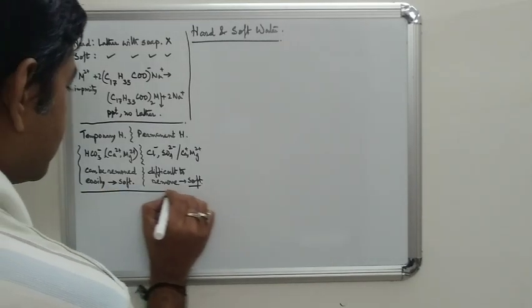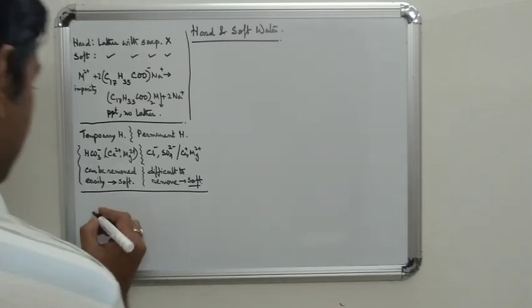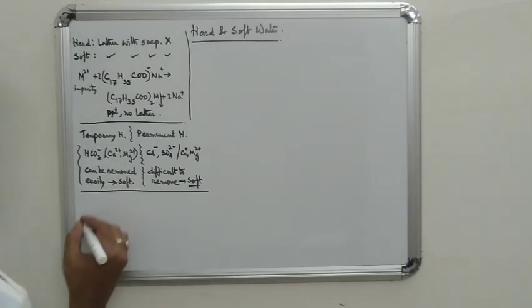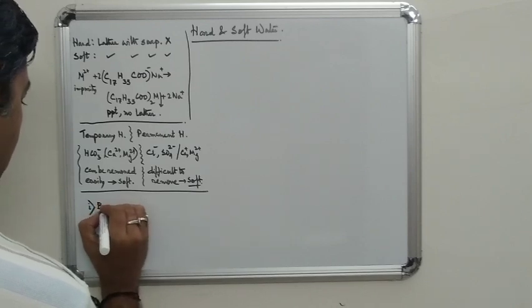Now, temporary hardness can be easily removed by a few processes. First of all, we will discuss boiling.